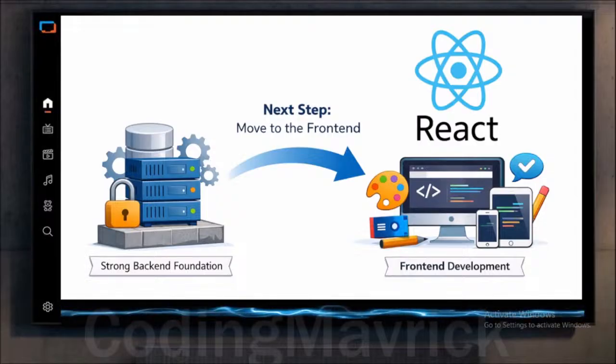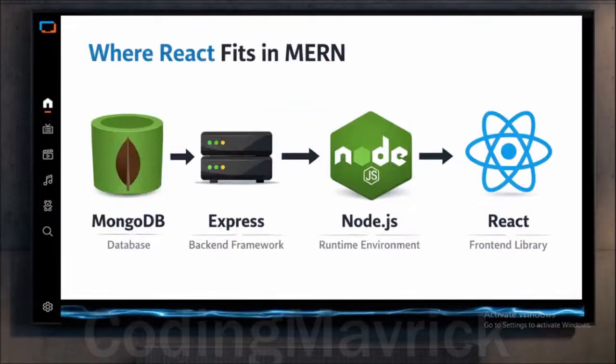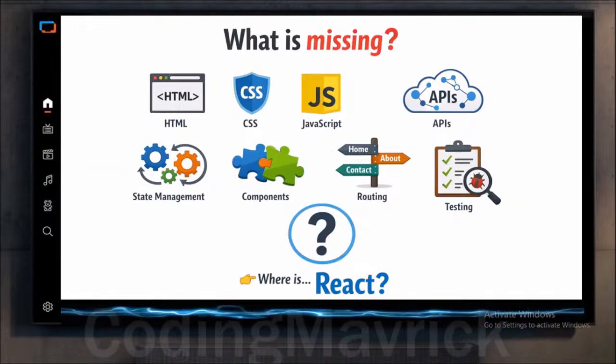Viewers, first let's clearly understand that the MERN stack consists of MongoDB as a database, Express as the backend framework, Node.js as the runtime environment, and React as a front-end library. So viewers, up till now we have covered MongoDB, Express and Node.js. And what is missing? That is React.